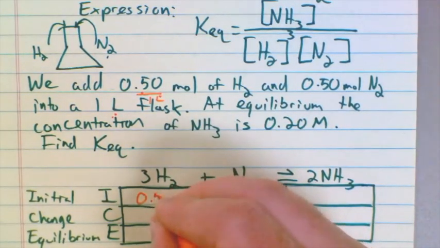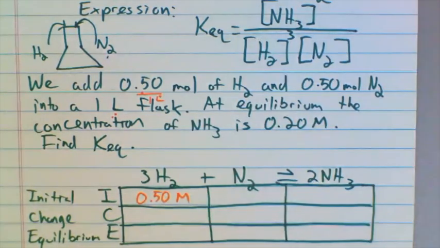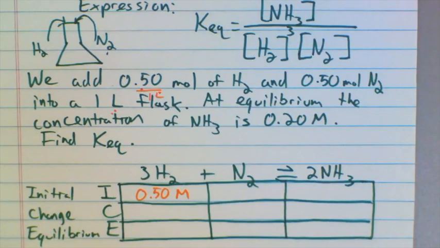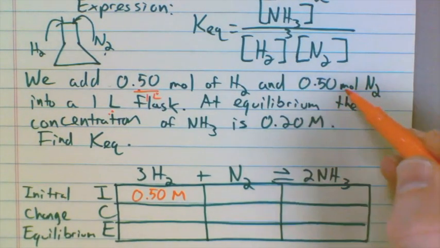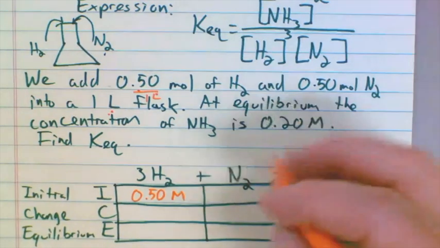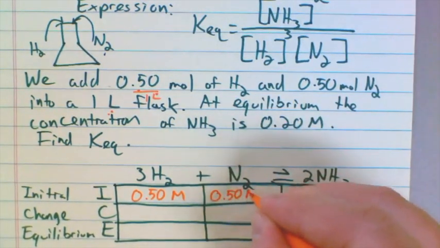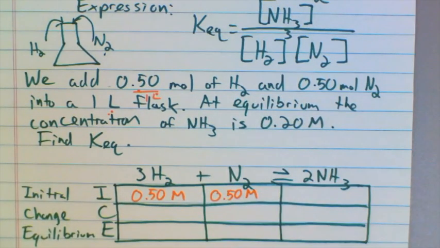So we have 0.50 molarity hydrogen. The same deal for the nitrogen. We initially just added it, so we have 0.50 molarity nitrogen. How much ammonia do I have at the start of this reaction? We don't know. In a way, we kind of do though. I just have nitrogen and hydrogen, I put them together, and at that exact moment, how much ammonia is there?